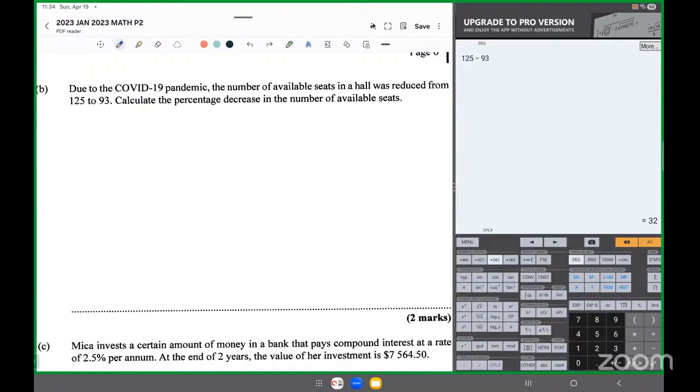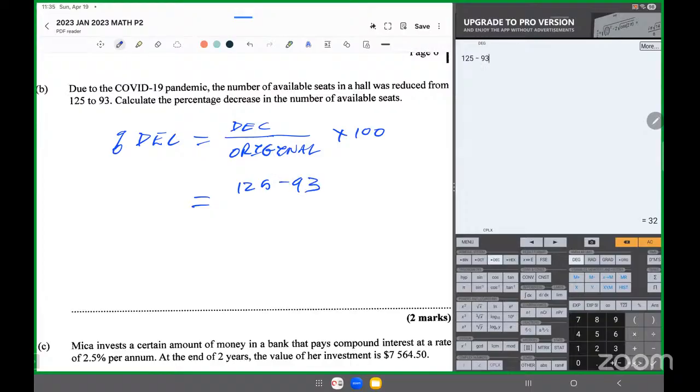So the percentage decrease is going to be equal to the decrease divided by the original number, and multiply that by 100 to get the percentage. The decrease is 125 minus 93. The original number was 125. Don't put over 93.